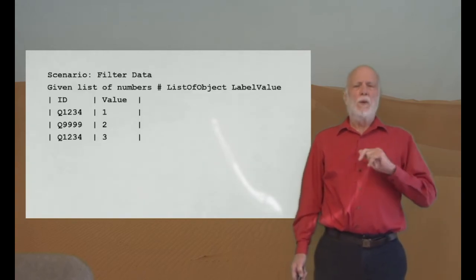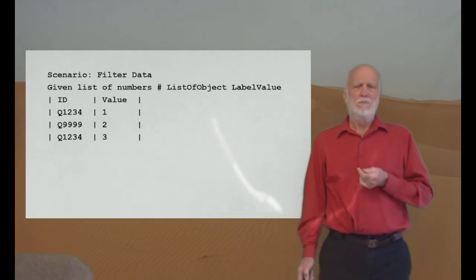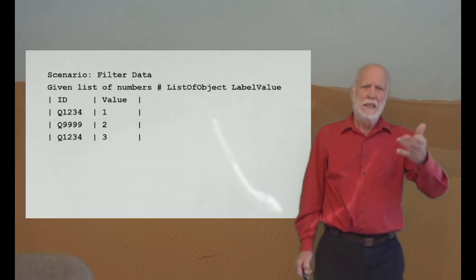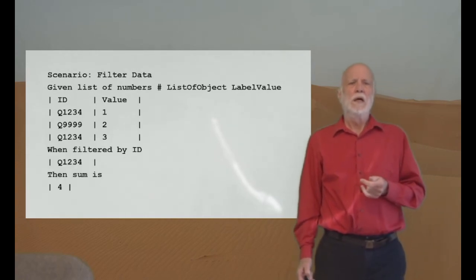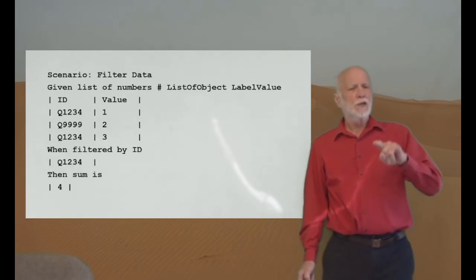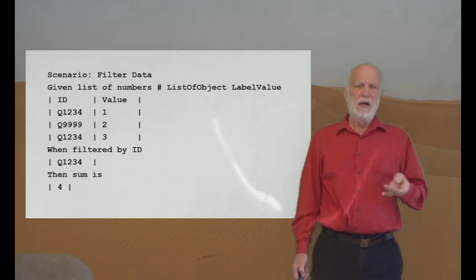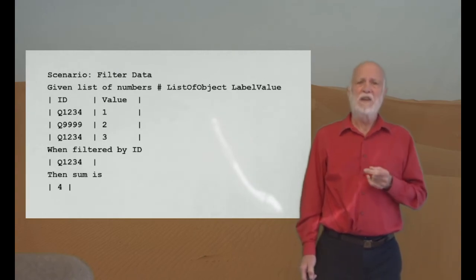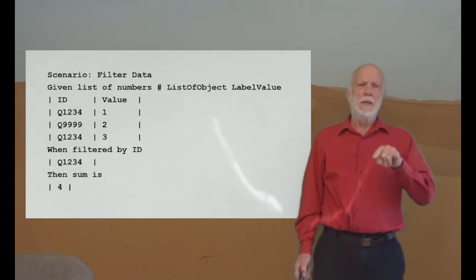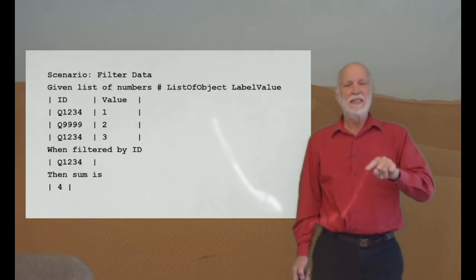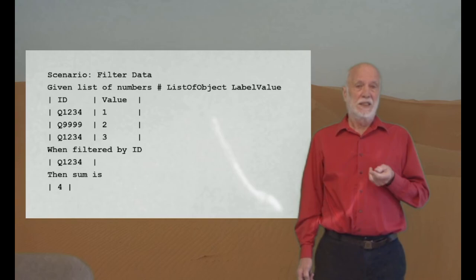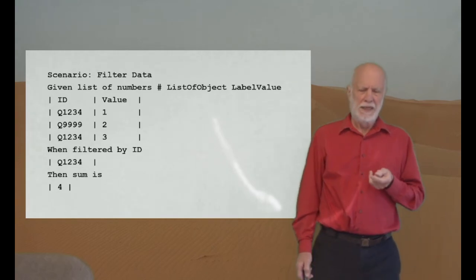There's another way that we can write our filter file. Given our list of numbers, when filtered by an ID, notice we simply have a value in there. Then the sum is a value. If we do not specify list of objects, then a table is passed as a list of strings. In this case, the single entry in the list.